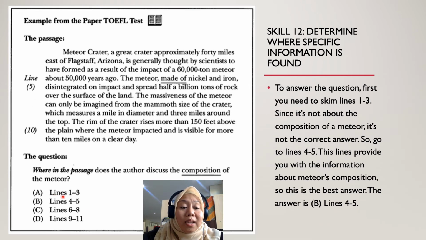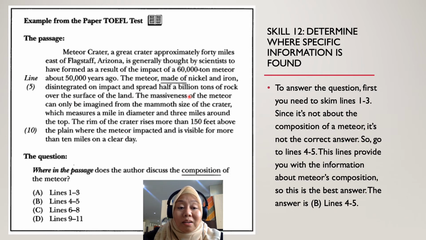So let's go to lines 1 to 3. Here, "Meteor Crater, a great crater approximately 40 miles," blah, blah, until this one. Does it give you the clue? Does it give you the answer for the composition of the meteor? No, right? Let's take a look at lines 4 to 5. This one is 5, so this one is 4. "The meteor, made of nickel and iron, disintegrated on impact and spread 500 million tons of rock over the surface of the land."